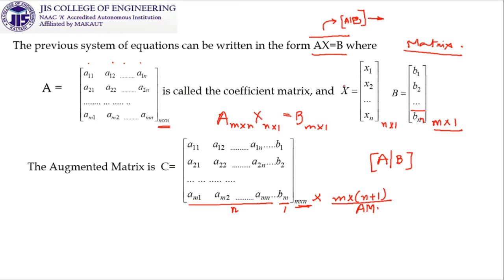I thought I would make it clear after some time, but okay, you know the concept of rank. Our job is to find the rank of this augmented matrix and more. So the order of this thing is very important.